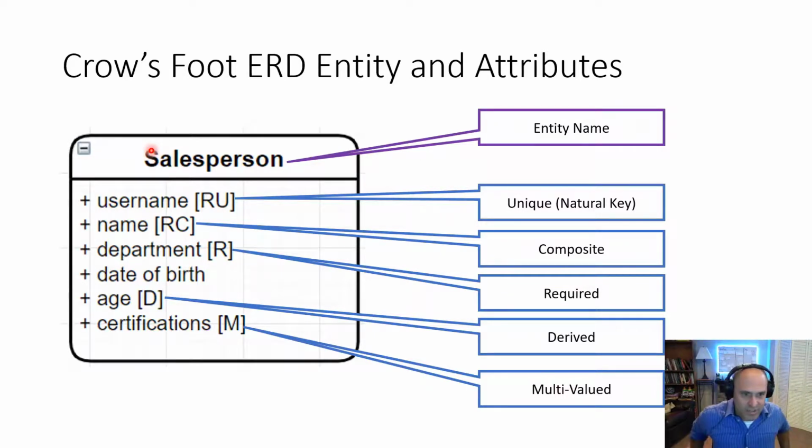And those certifications are useful when you're trying to match a salesperson to a lead, someone who wants to buy a particular type of equipment. You want to hook them up with an expert. So that's why you might want to have certifications. It doesn't need its own entity per se, because there's nothing else with the certification. There's just that.